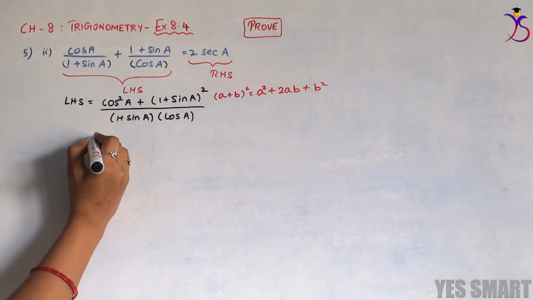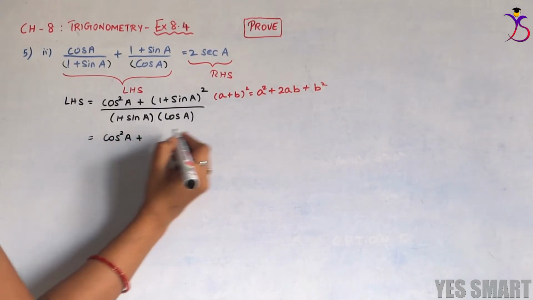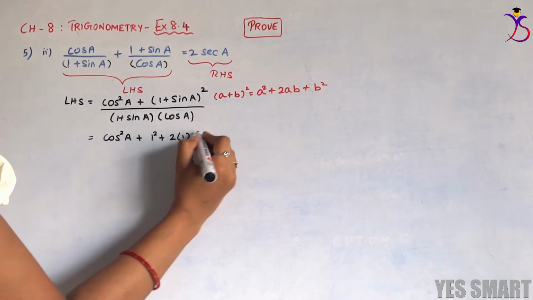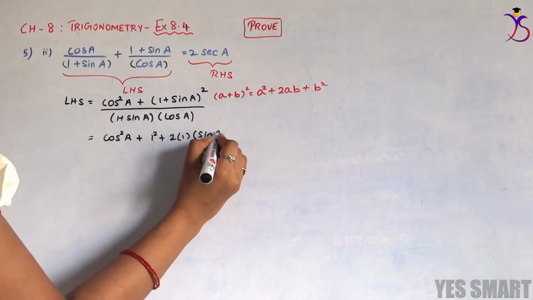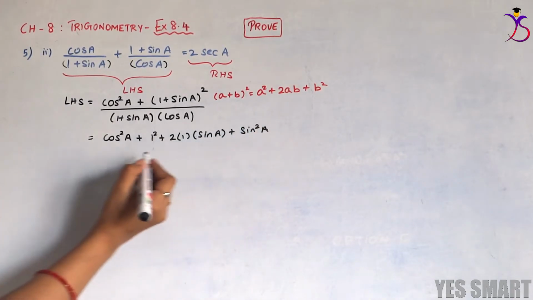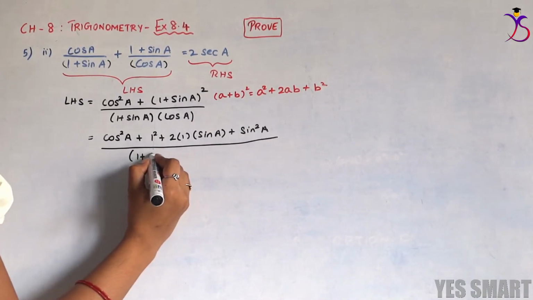Now we will have cos square a plus a square plus 2 into a into b plus b square, which is sin square a, divided by 1 plus sin a into cos a. I am just keeping the denominator as it is.